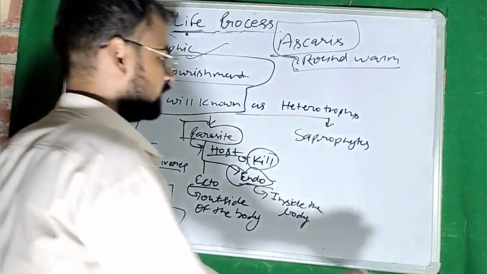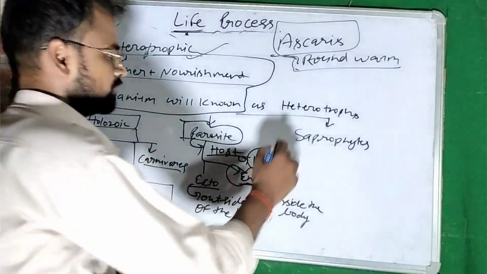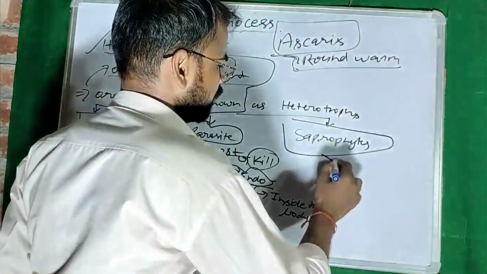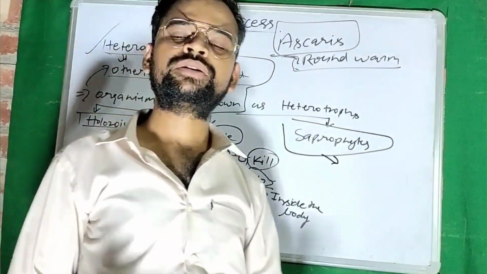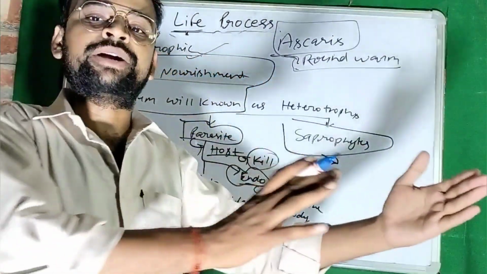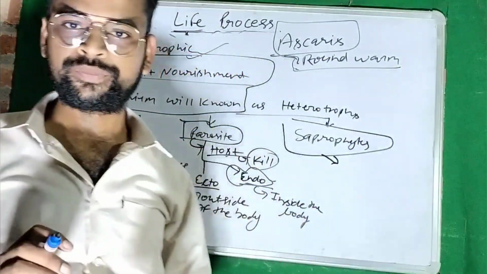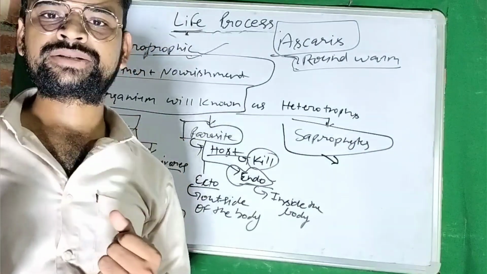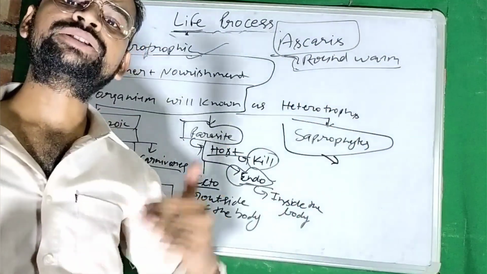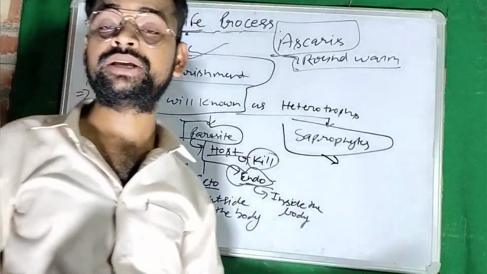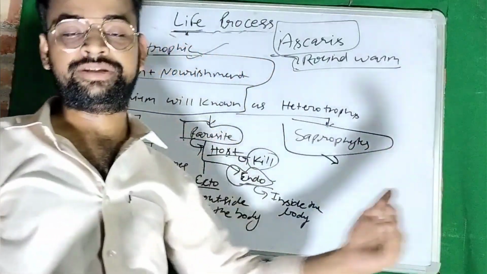Another one is saprophyte. They are living organisms that obtain their food from dead and decaying matter. Suppose in your home two breads are kept in a moist place. After some days, they start decaying.